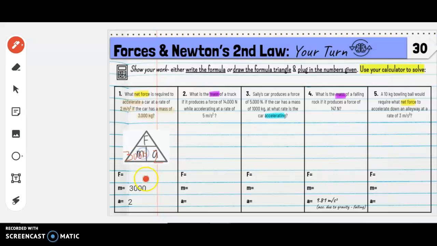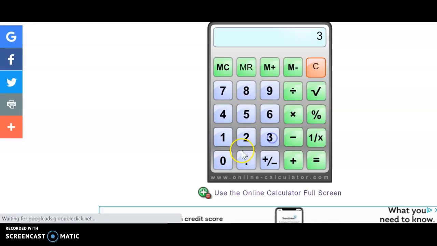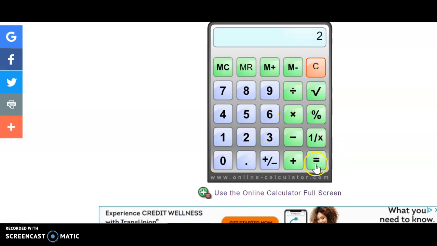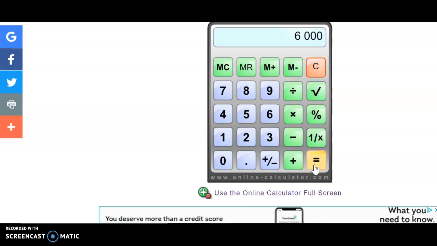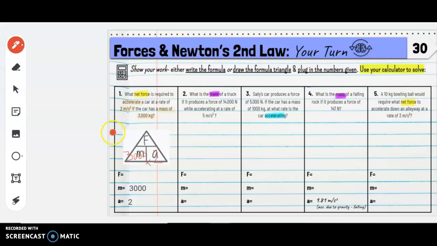So that means since these numbers are right next to each other, we're going to multiply. So in my calculator, I'm going to plug in 3,000 times 2. And that equals 6,000. So the net force that would be required is 6,000 newtons.